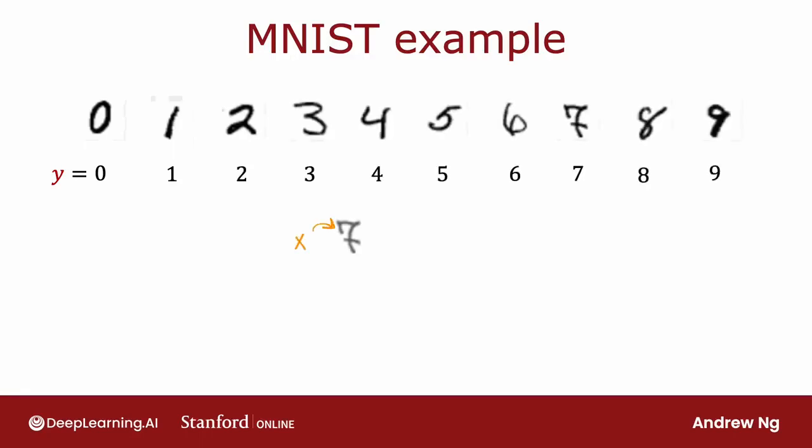Or alternatively, in the first course, you saw the example if you're trying to classify whether patients may have any of 3 or 5 different possible diseases. That too would be a multi-class classification problem.